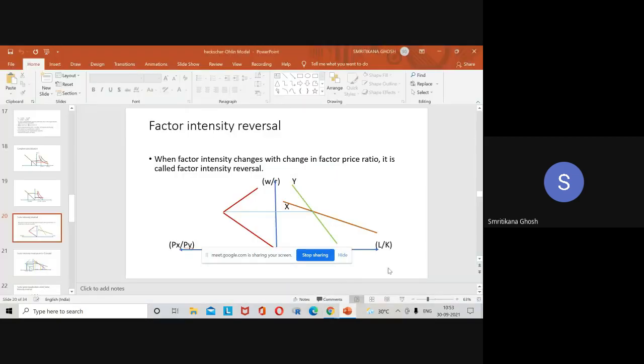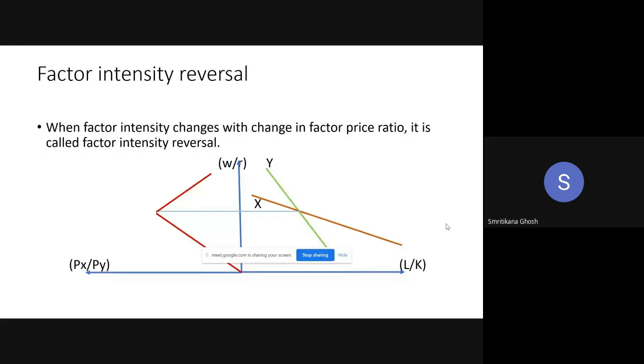Yes, I am here. So this is called factor intensity reversal. Do you get the point? You can understand that it is very much realistic. Before that, I said that if a commodity is assumed as labor intensive, it means it is labor intensive throughout the discussion, right?